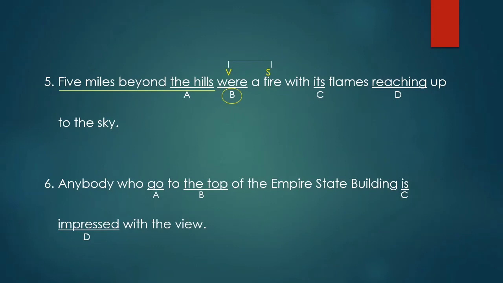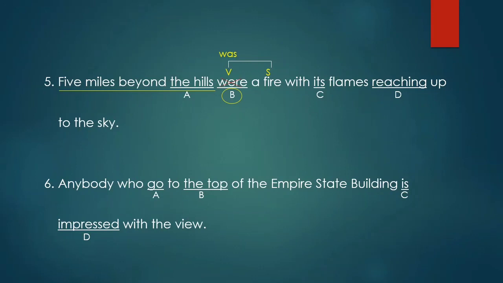The verb were should be changed into singular, was, because the subject is singular, a fire. The correct sentence is, 5 miles beyond the hills was a fire with its flames reaching up to the sky.